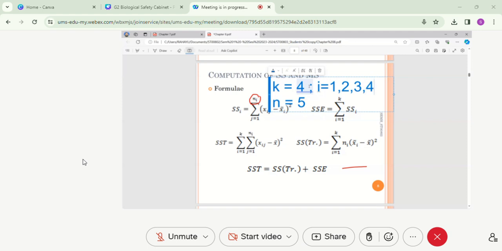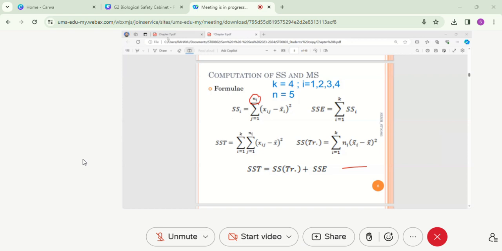Group i means group 1 or group 2 or group 3 or group 4. So in this case, K equal to 4. Now, why do I need to define all these values? Because I want to make sure that you are not confused when you do the calculation.